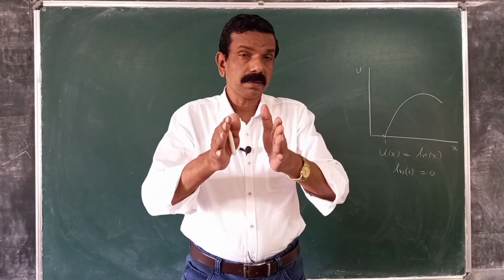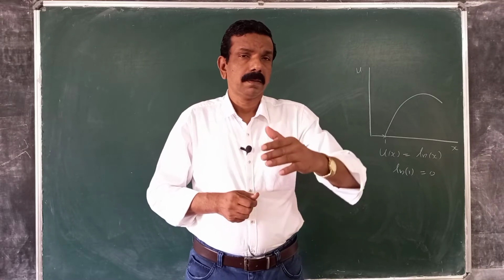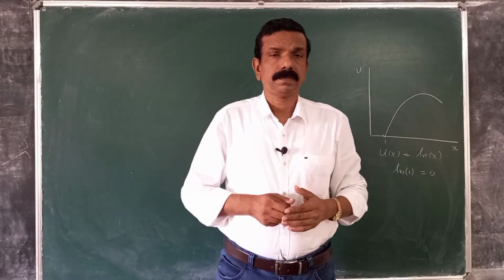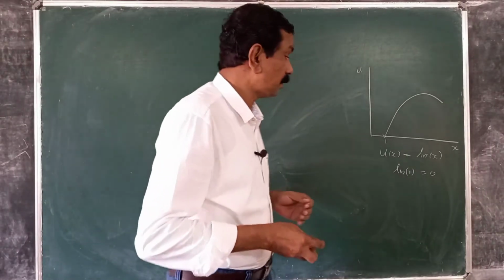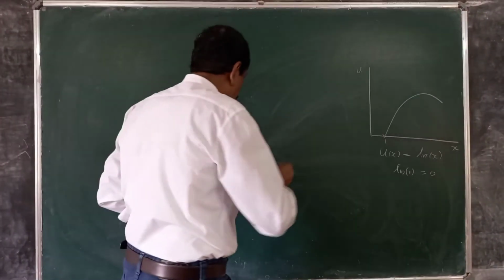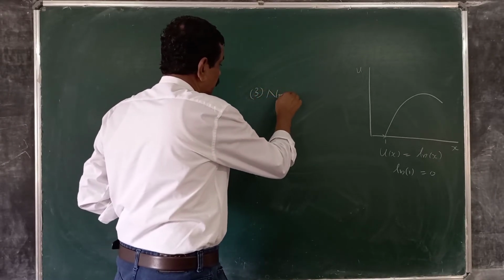So this assumption is the assumption that a commodity is desirable, and this assumption is stated in the form of an axiom. The axiom is the third axiom, non-saturation.